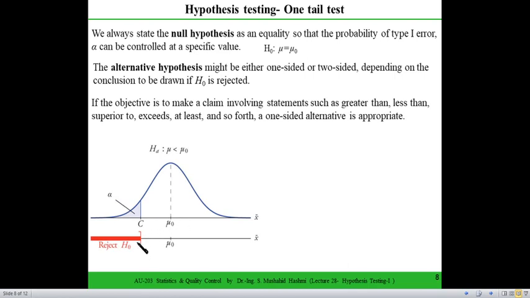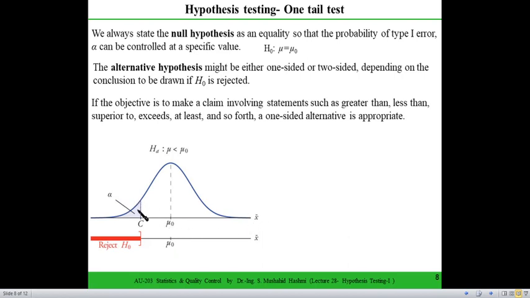There is a certain probability associated, and probability is represented by the area under the curve on a distribution. Let's say this is the sample distribution. The mean is actually the population parameter, mu naught, and x bar is the sample distribution.